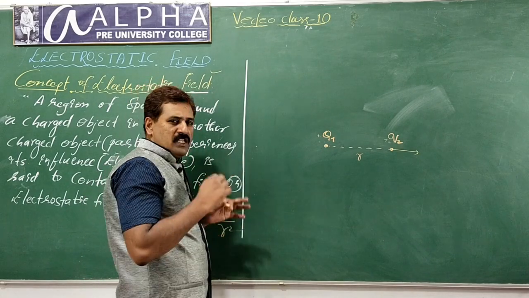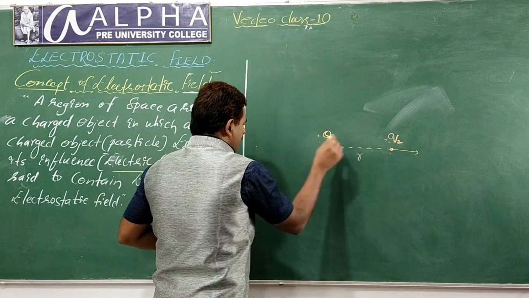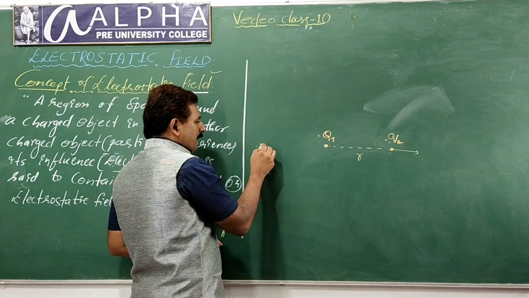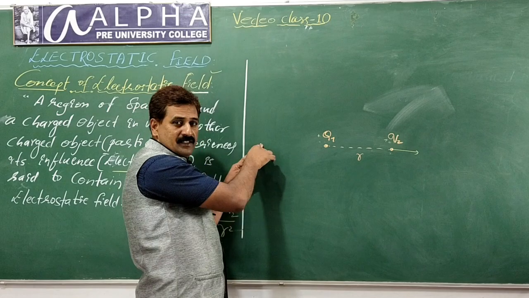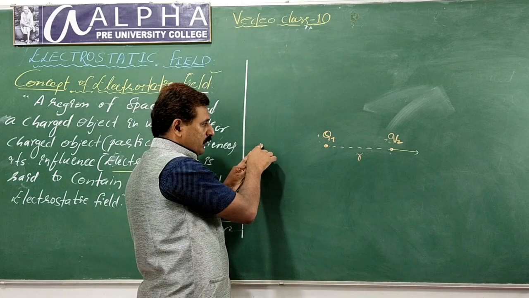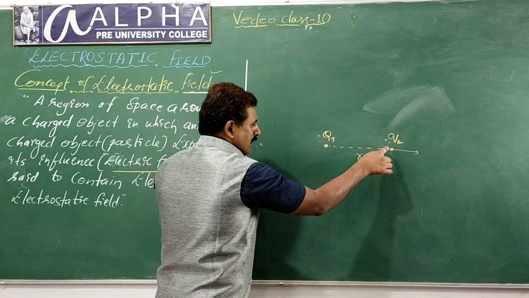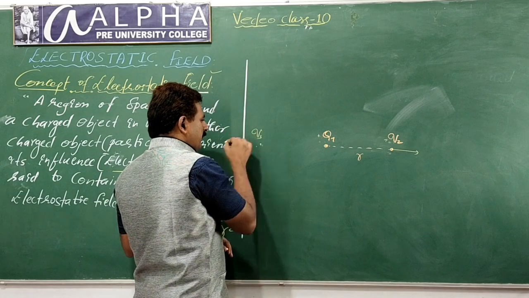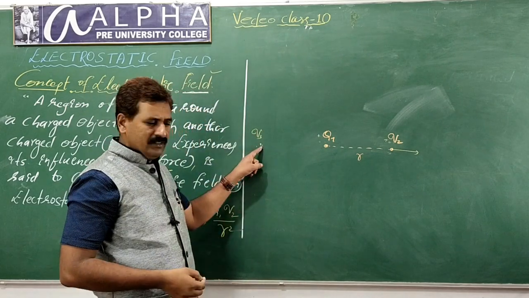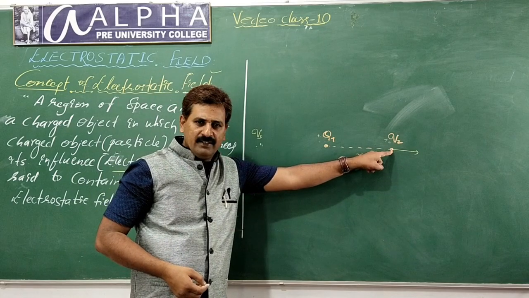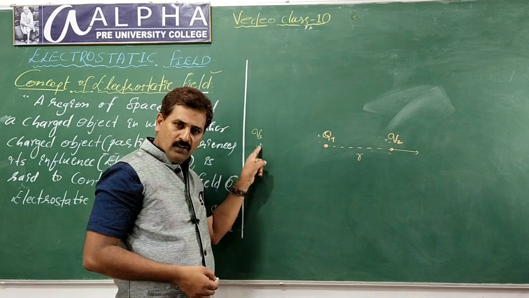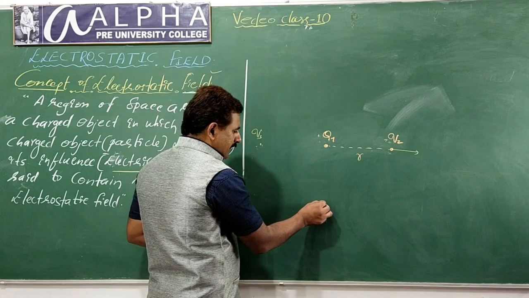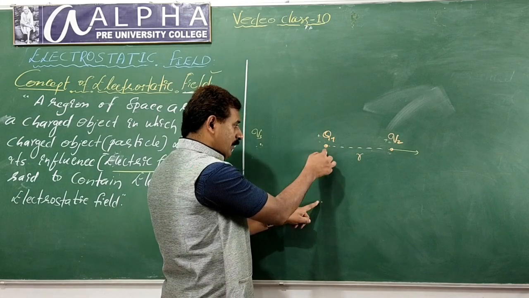Now the question is, if I place the same charge here, will there be any force? Yes, it experiences force. You think the other way around. One charge here, keep another charge, say some Q3. Will there be any force here when this is there? Yes. It interacts with this also. One more point here, another charge, there will be interaction.